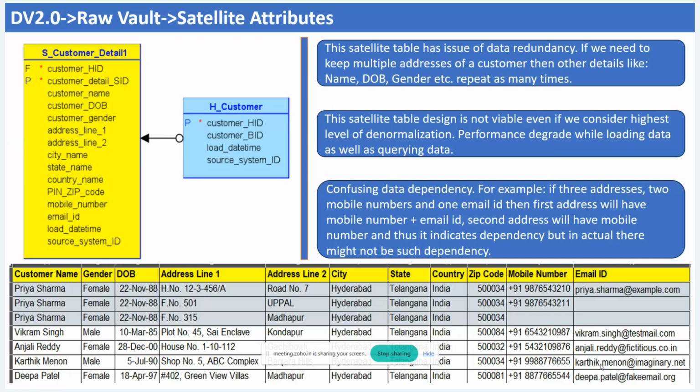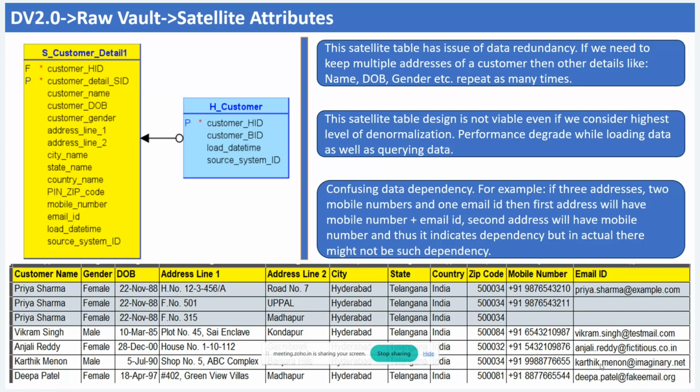And there is also a confusing data dependency. For example, if there are 3 addresses, 2 mobile numbers, and 1 email ID, we are going to have 3 records for address. Now we have 2 mobile numbers. Will this mobile number be with the first 2 addresses, or with the second 2 addresses, or the third 2 addresses? Suppose we keep them with the first 2 addresses, it is like address 1, mobile number 1, address 2, mobile number 2.